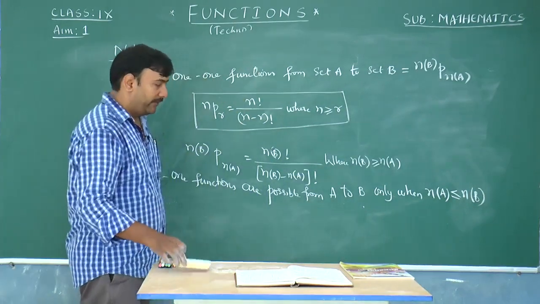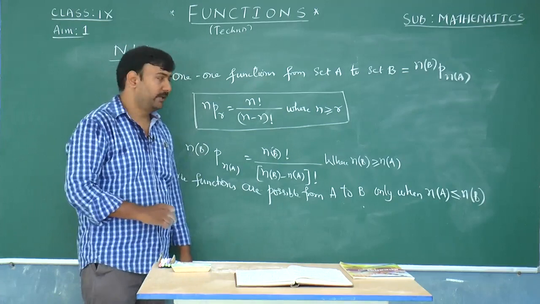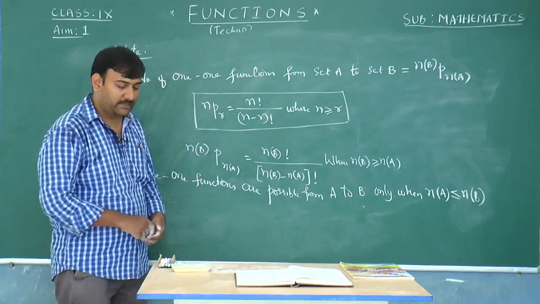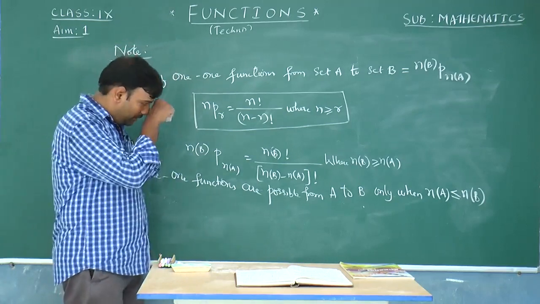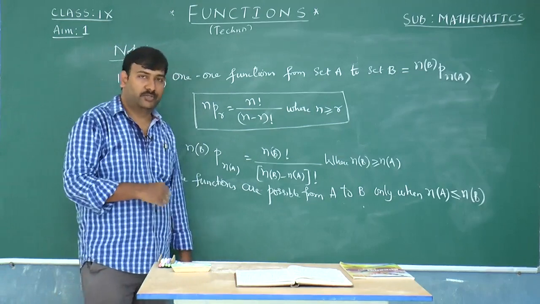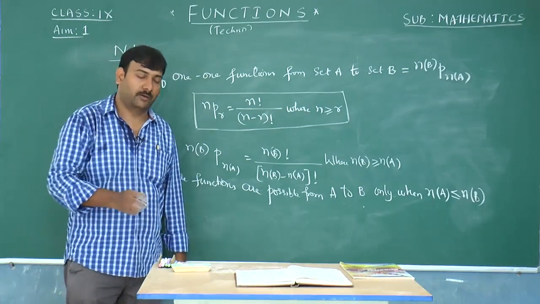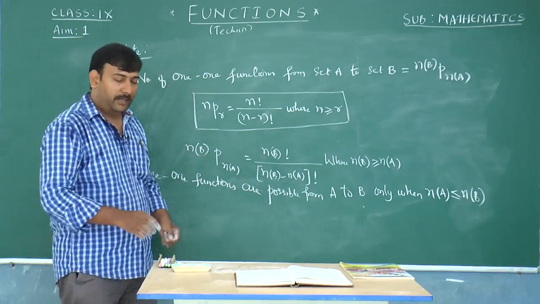So here we have discussed the two important notes in the case of one-to-one functions. One is the formula to find the number of one-to-one functions. The second is the condition to check whether one-to-one functions are possible or not. Based upon the second property, let me go ahead.